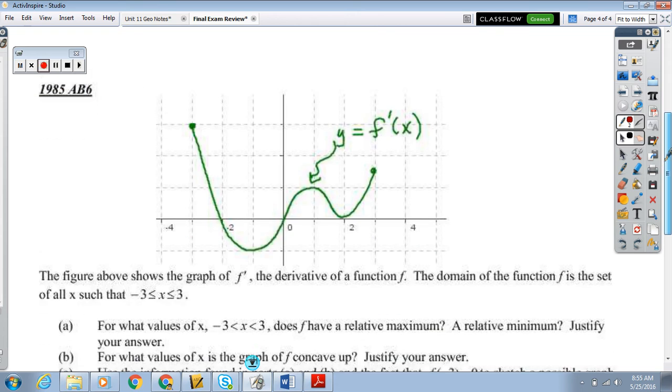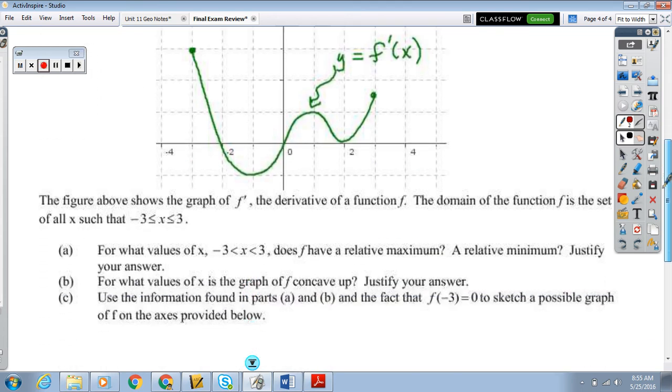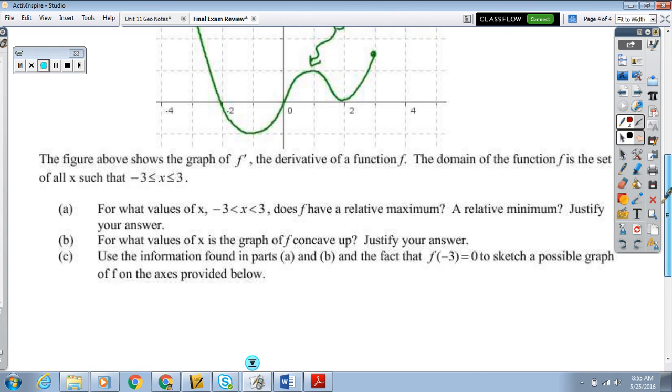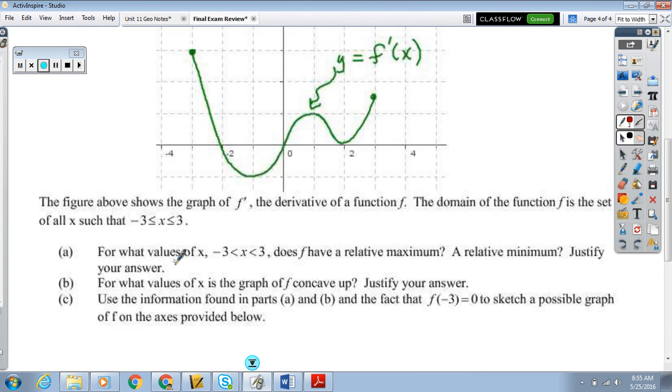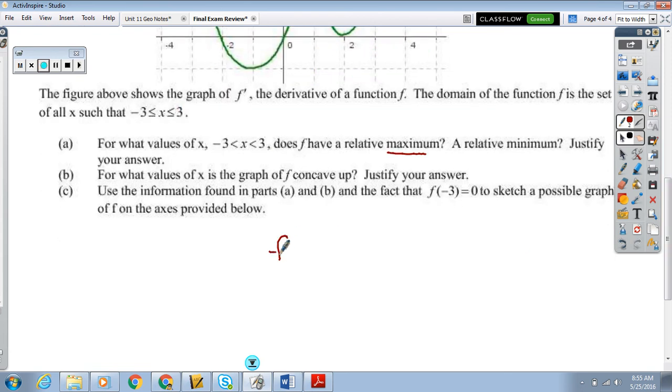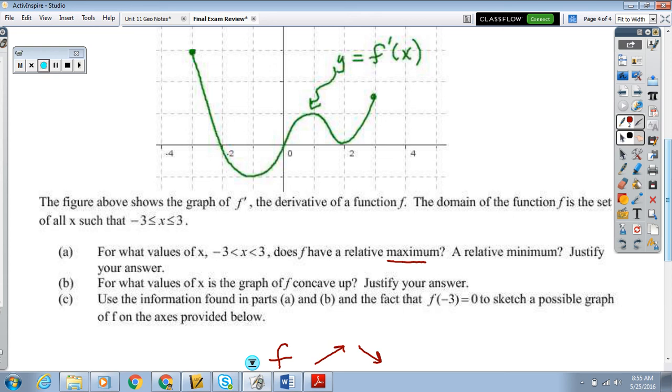On this 1985 FRQ, the main thing to point out is that if I'm looking for f to have a relative maximum, what helps me a lot is I read f has a maximum. So f is going to look like this. What should the derivative be doing? If my function is going up or has a positive slope versus going down and having a negative slope, I'm looking for the derivative to change from positive to negative. Boom, right there. I was in positive land and now I'm in negative land.